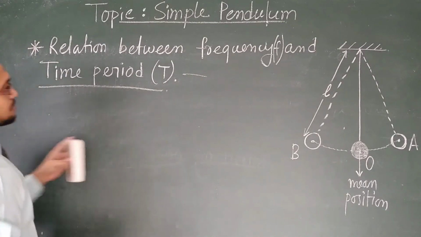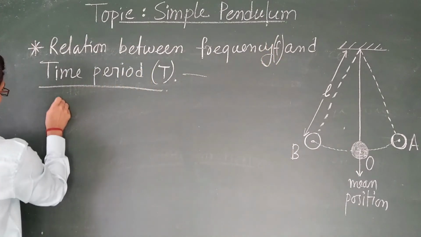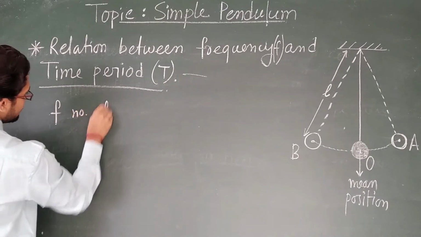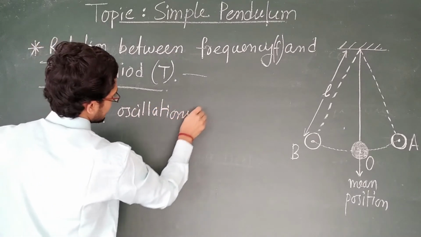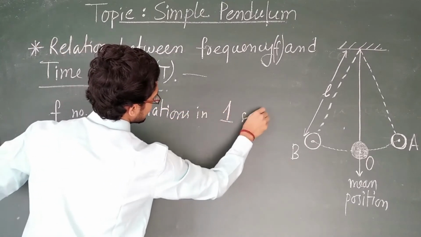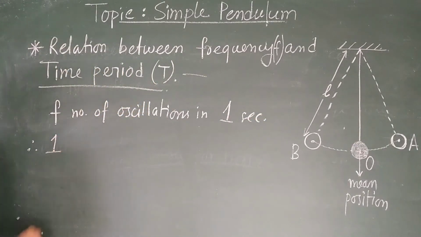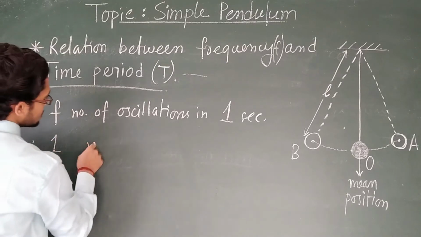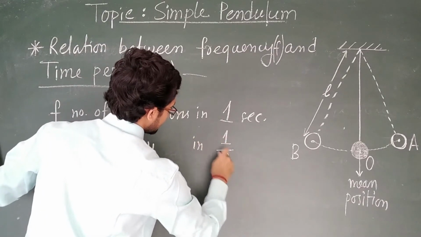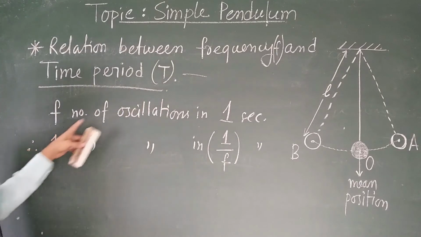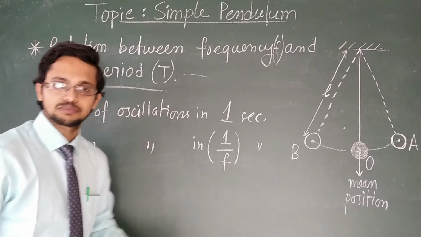Suppose there are 8 oscillations in 1 second. Then one oscillation takes how much time? 1 by 8 second. 8 oscillations in 1 second, so one oscillation will be in 1 by 8 second.